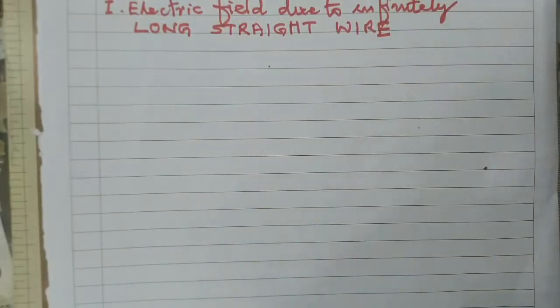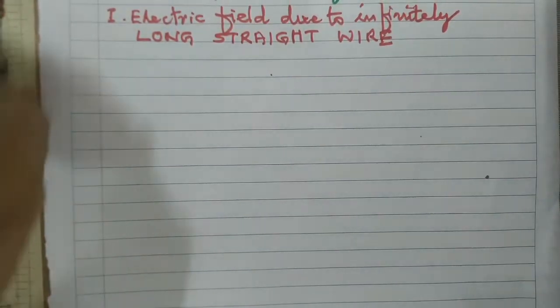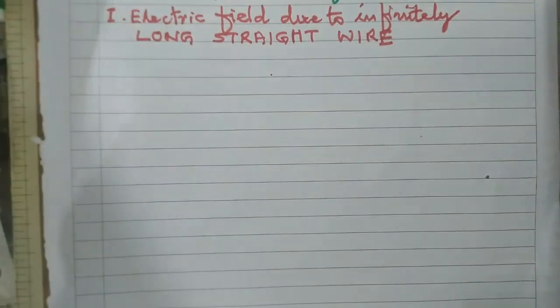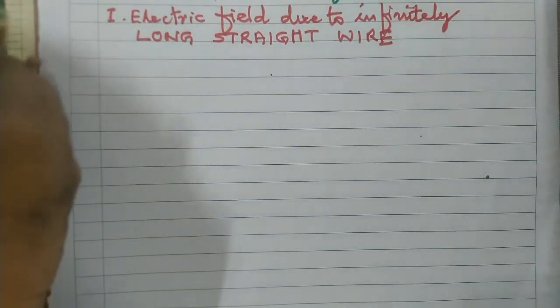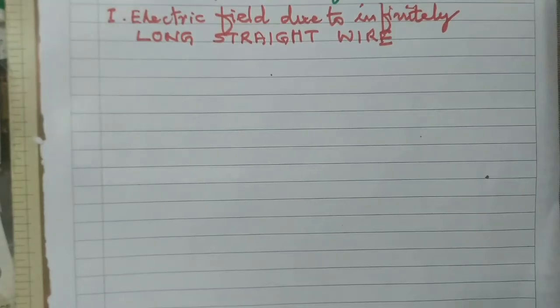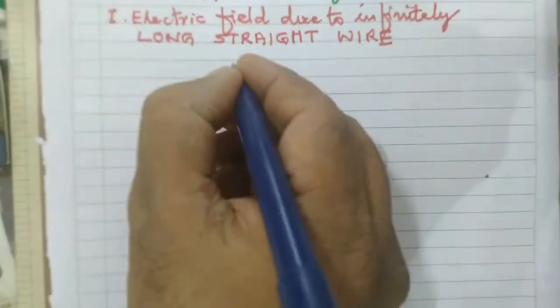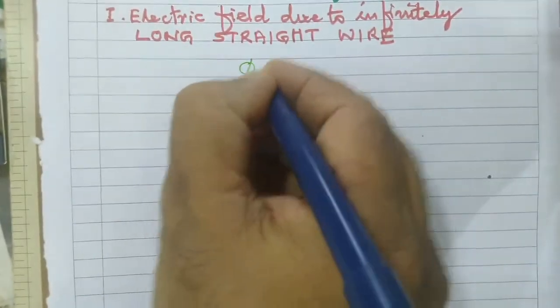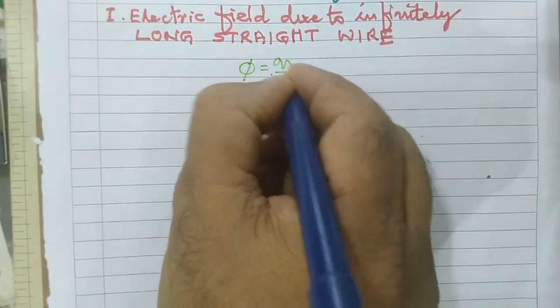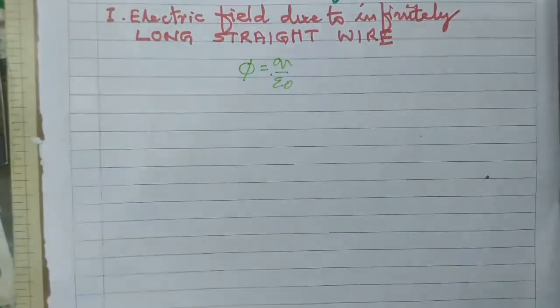Here, the heading I have already written for your reference: application of the Gauss theorem. According to that, you know that phi is equal to q by epsilon naught. I think you know this very well.